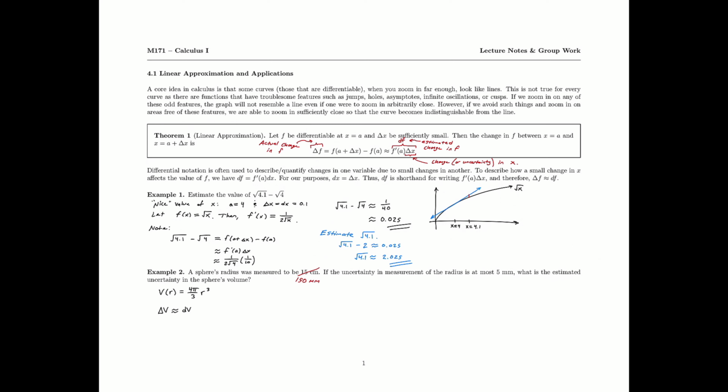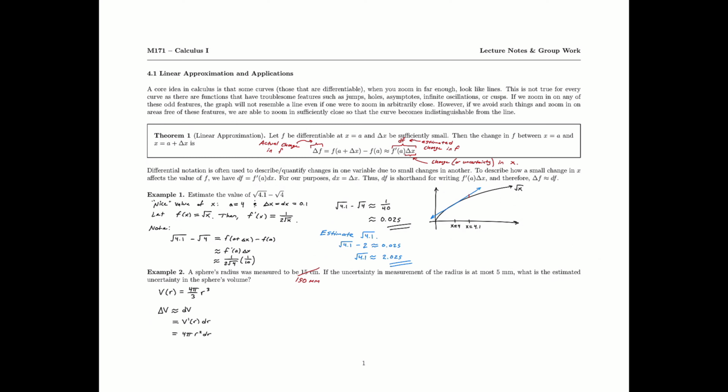All I'm really doing is taking this theorem above, and instead of delta f approximately equal to df, our name of the function is v, so we have delta v is approximately dv. And we know that the differential dv is v prime of r times dr. So v prime of r is 4 pi r squared and dr.